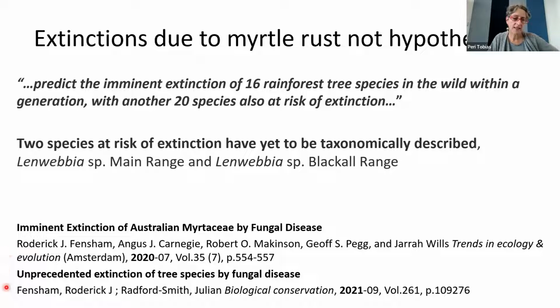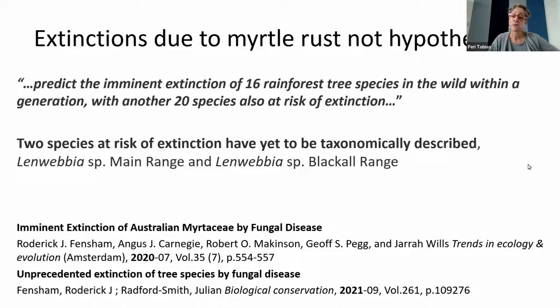In fact, these two very recent papers, 2020 and 21 by Fensham et al., looked at imminent extinctions of Australian Myrtaceae. I think this statement is quite concerning: they predict the imminent extinction of 16 rainforest tree species in the wild within a generation, with another 20 species also at risk of extinction.